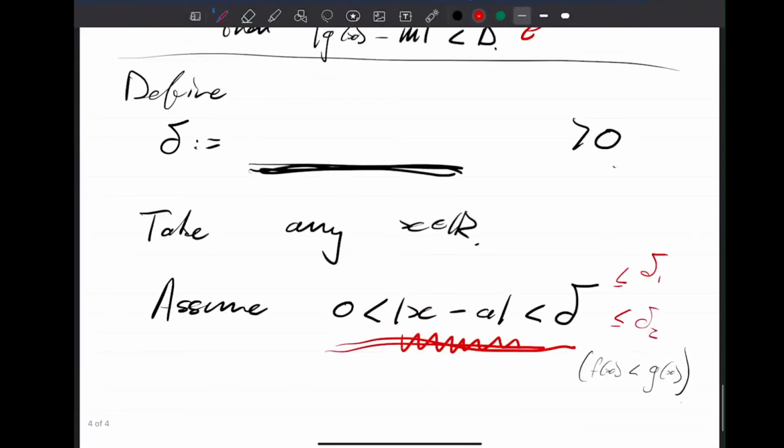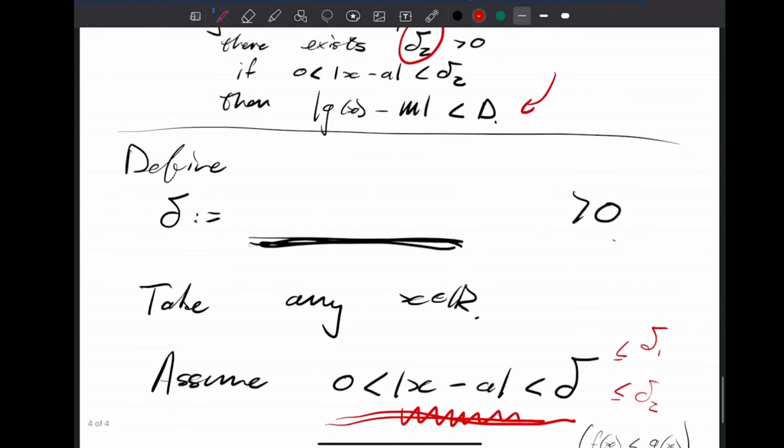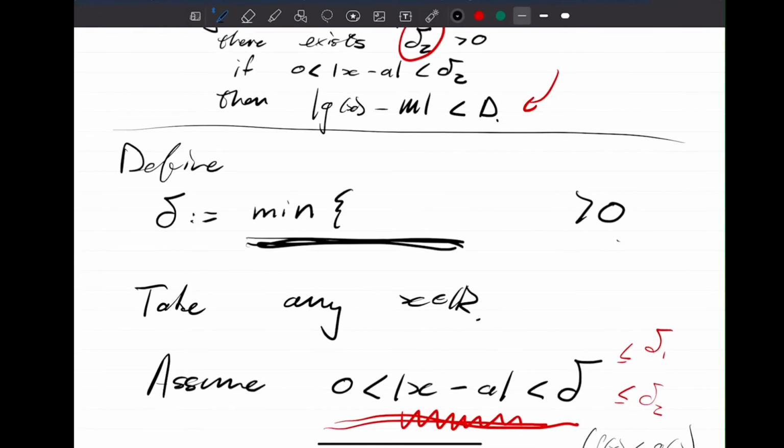So we want this delta that we are constructing to be less than delta 1 and delta 2 at the same time. So what we will do is we will take the minimum of delta 1 and delta 2.